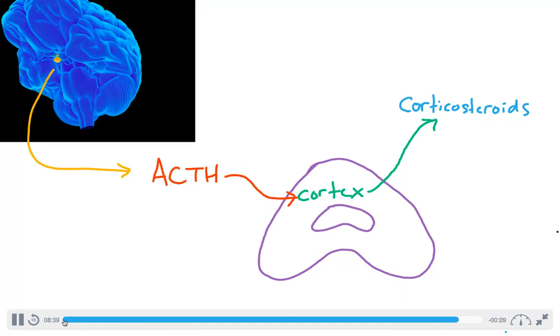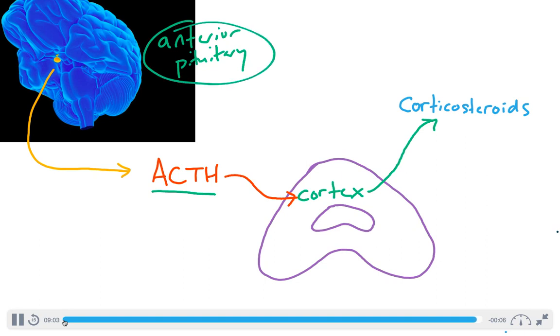And hopefully you remembered ACTH, adrenocorticotropic hormone, which is going to be released from the pituitary gland, and specifically from the anterior pituitary. And so you're only going to see the release of those corticoids if the anterior pituitary first tells the cortex that it can do so, through the release of ACTH.